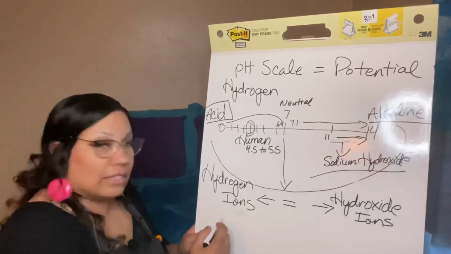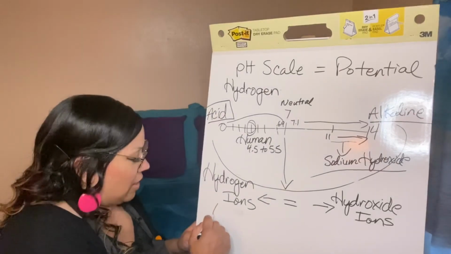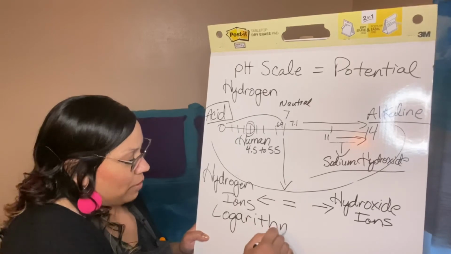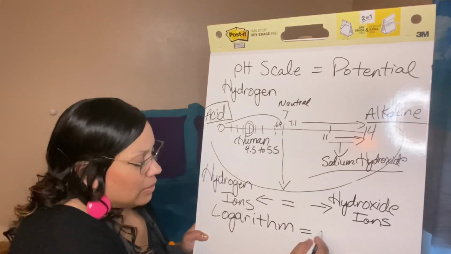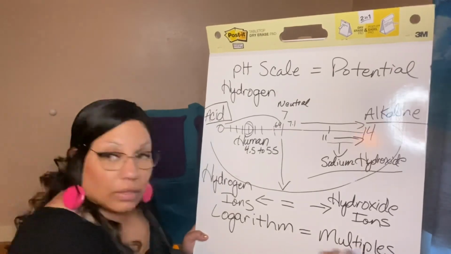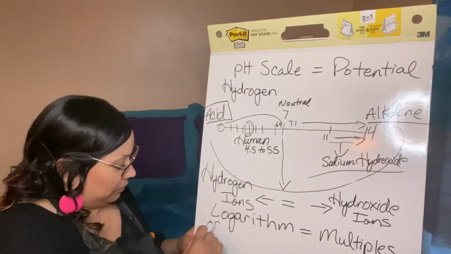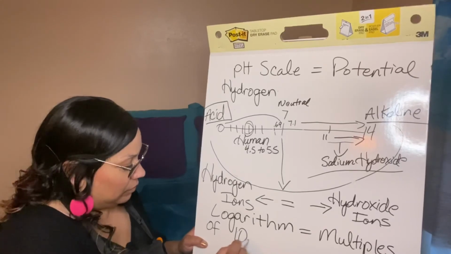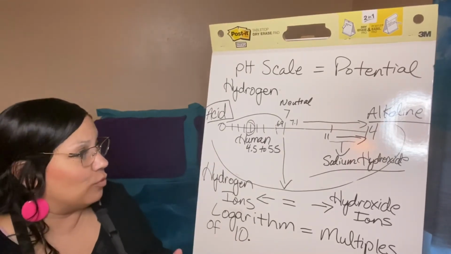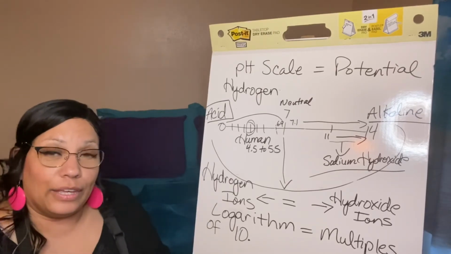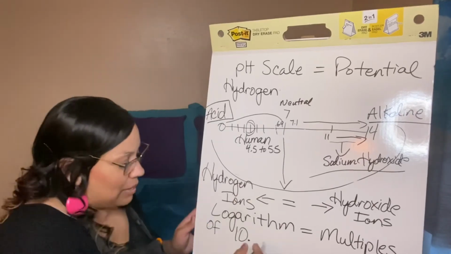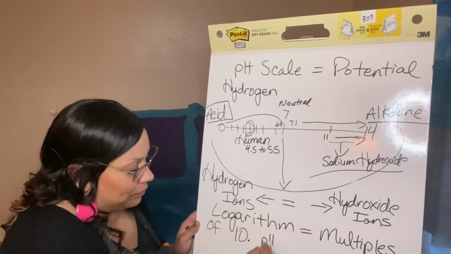So I'm going to write this. Can you guys see that? Yeah, you can see that. Logarithm. And that means multiples of 10. Now this is what's really trippy about this. What it means is multiples of 10. So in other words, let's say the pH is 7.